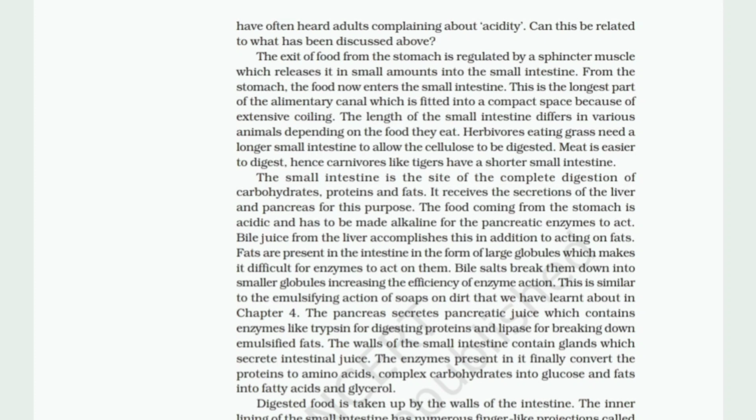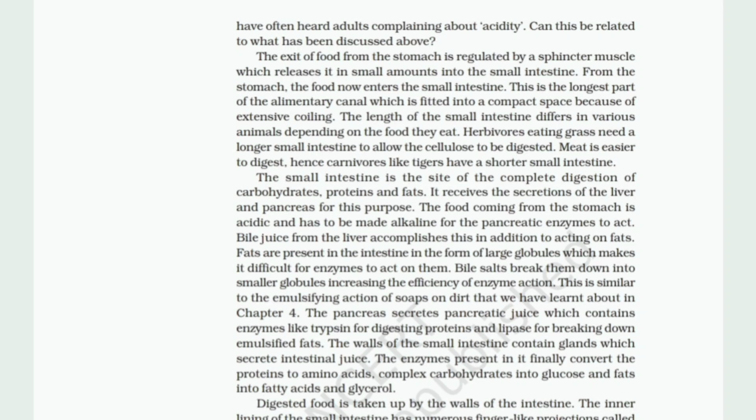This is similar to the emulsifying action of soaps on dirt that we have learned about in Chapter 4. The pancreas secretes pancreatic juice, which contains enzymes like trypsin for digesting proteins and lipase for breaking down emulsified fats. The walls of the small intestine contain glands which secrete intestinal juice.